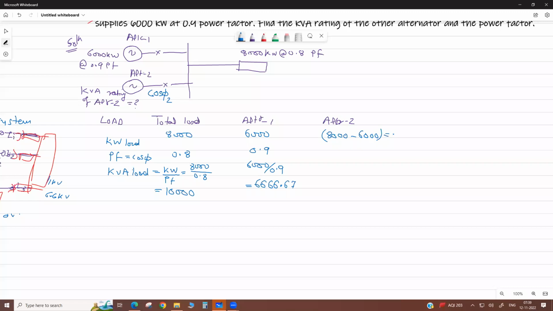So see here, it comes to 2,000 kilowatt. And the kVA load also we can find. This is the kilowatt load on alternator 2. Now the kVA load on this equals the total kVA minus the share of machine 1.